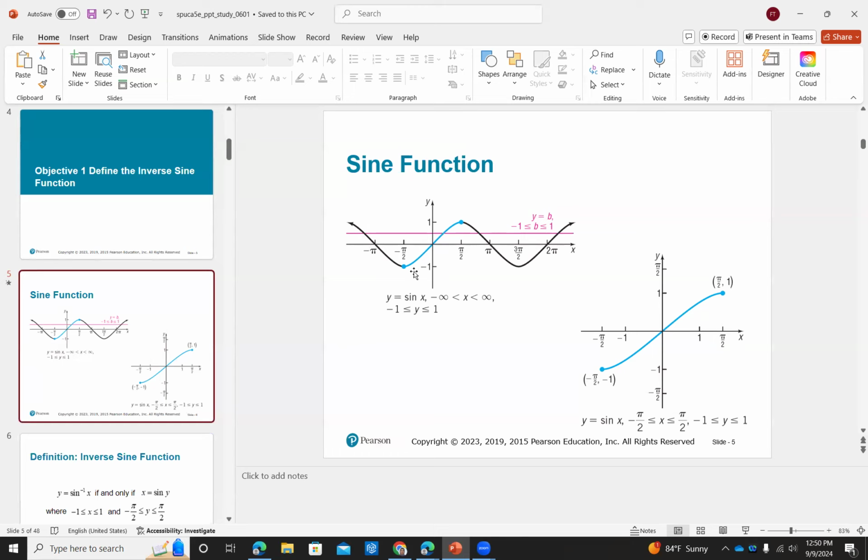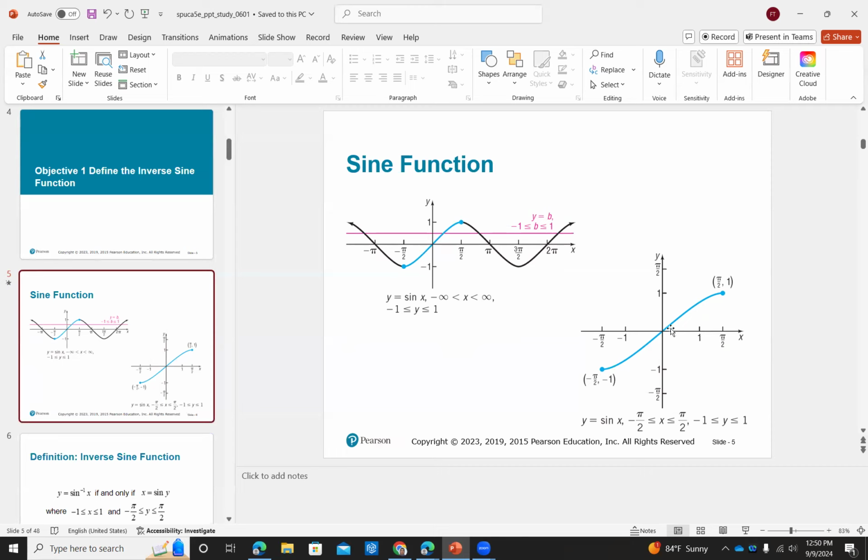And then this is what the sine graph looks like. Important points for the sine function: the domain is from negative infinity to positive infinity, and range is from -1 to +1. Now what's happening is, if you look at this graph, this blue segment of this graph has been copied here because this just shows the portion only for these values.